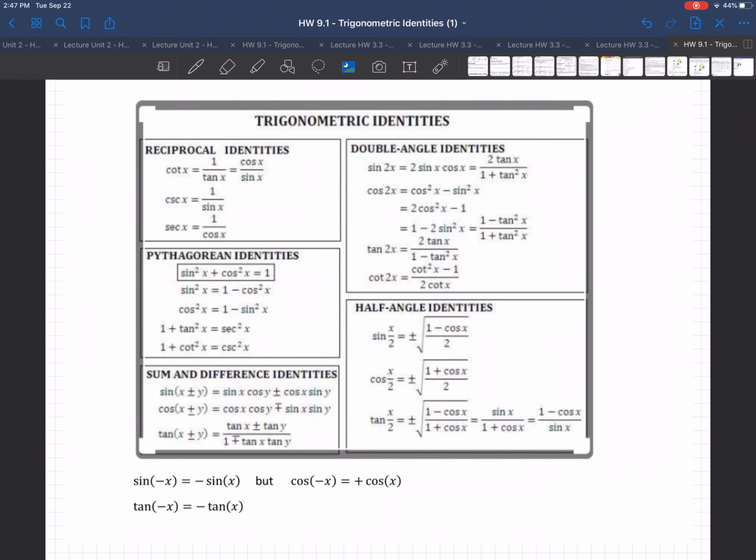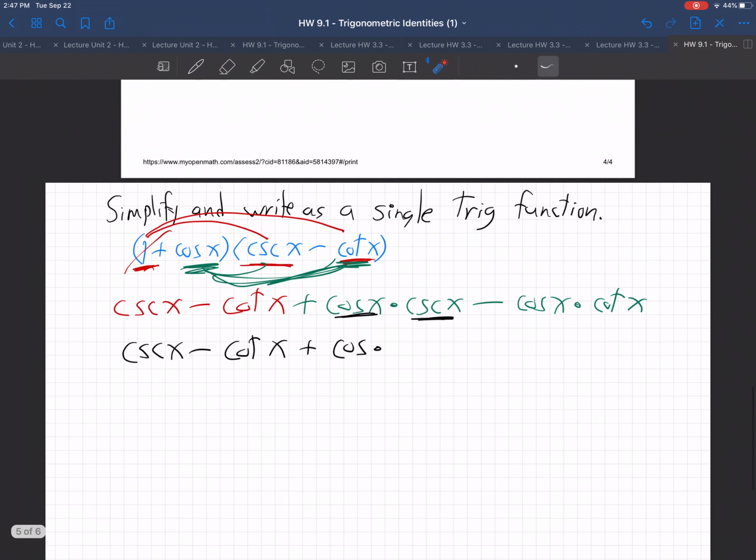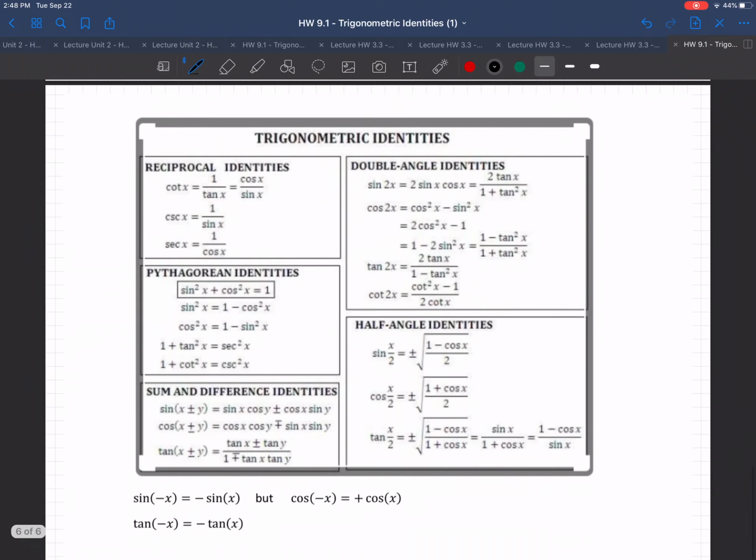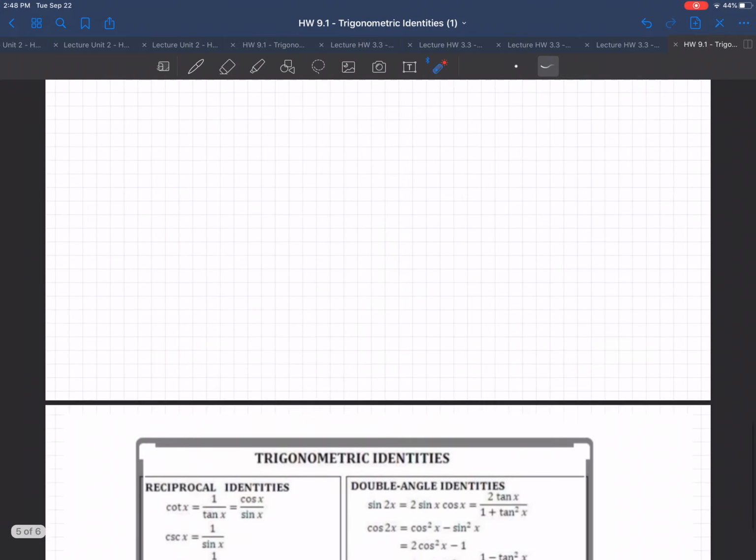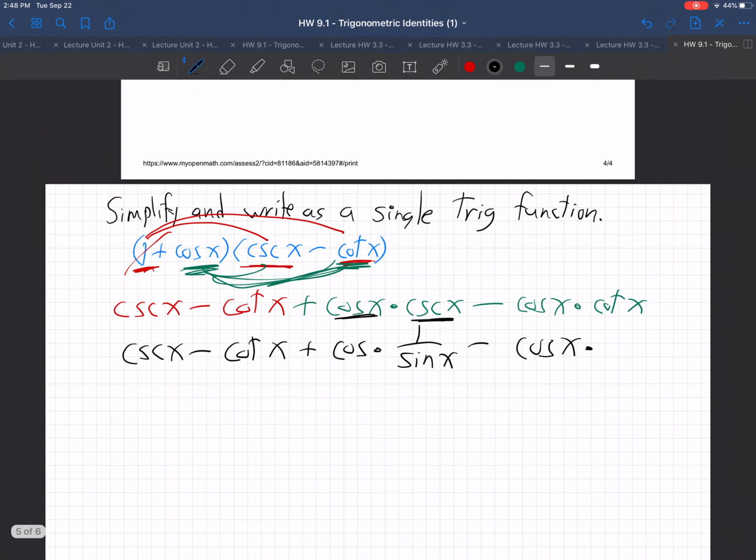And see right here we have cosecant is 1 over sine. So there's your formula sheet. Cosecant is 1 over sine. So we go back up here and we say, okay, cosecant is 1 over sine of x. And then cotangent, if you look down here for cotan, you'll see cotan is cosine over sine. So cosine over sine.